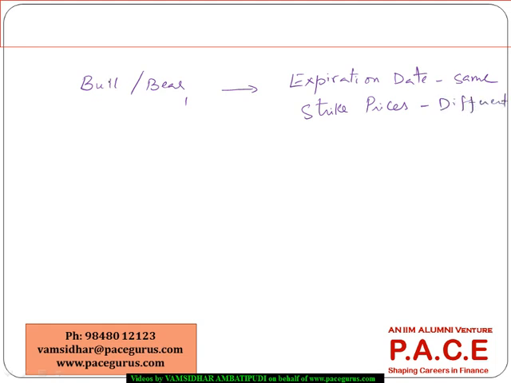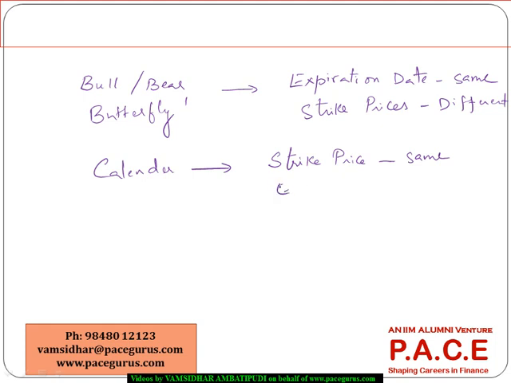Even the typical butterfly strategy which we have just now used. But on the other side, when I go ahead with a calendar spread, we talk about the strike prices generally remaining the same, but the expiration dates are different.